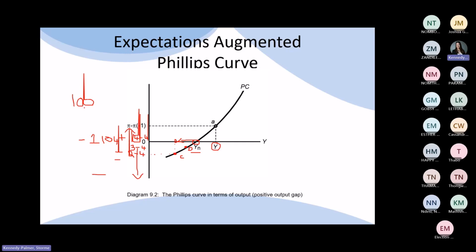If our basket of goods cost 100 Rand last year, this year at point D it's going to cost us 103 Rand. At point C, it's going to cost us 102 Rand.